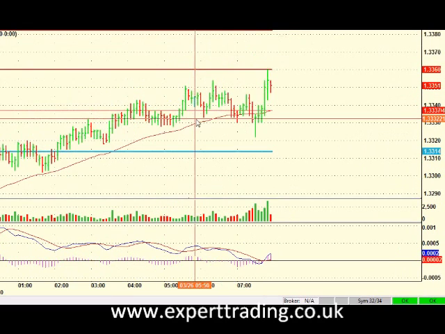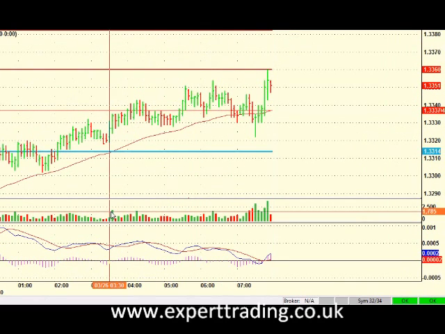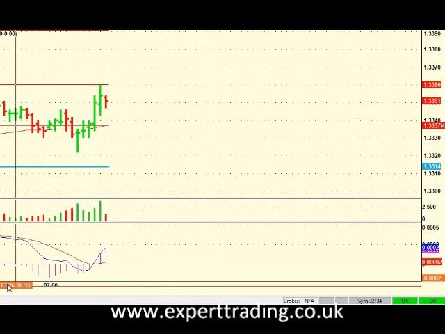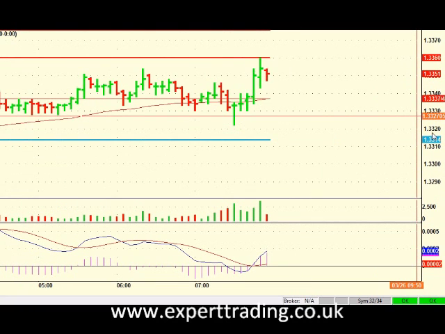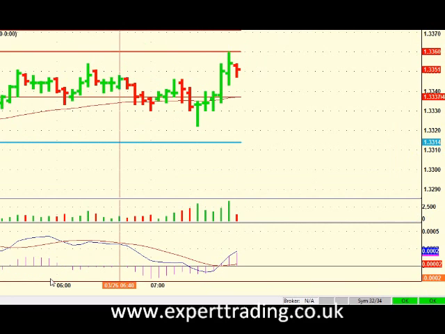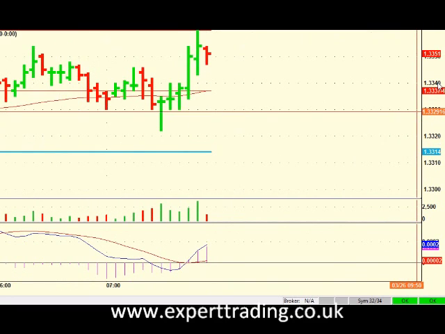But because the 1 hour chart and the 4 hour and the daily chart showed us that it's in a downtrend, we shouldn't always go with what the news says, because the market would have already priced that in if it came in last night.